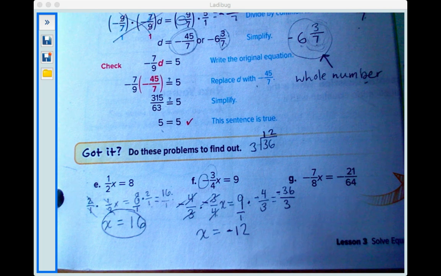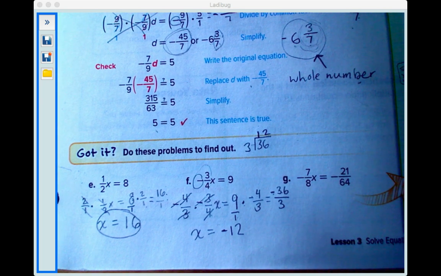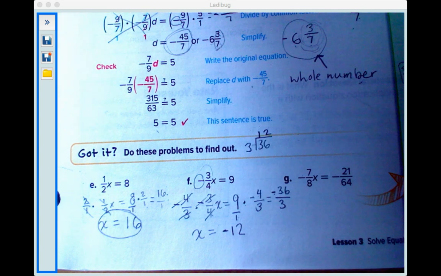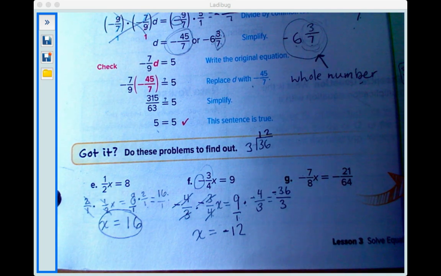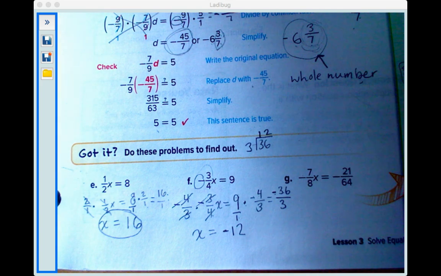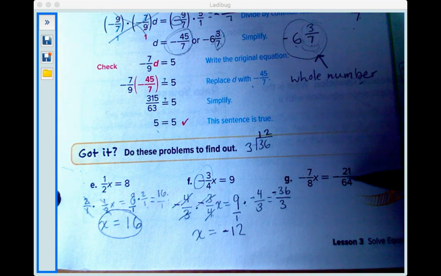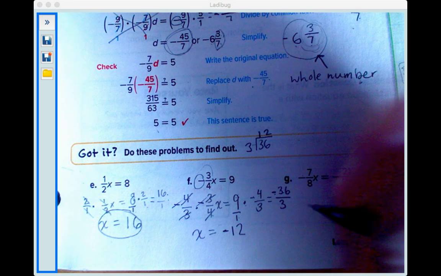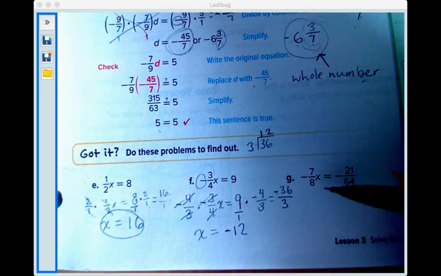Let's try example G. -7 divided by 8x equals -21 divided by 64. So the first thing we're going to do is the opposite.